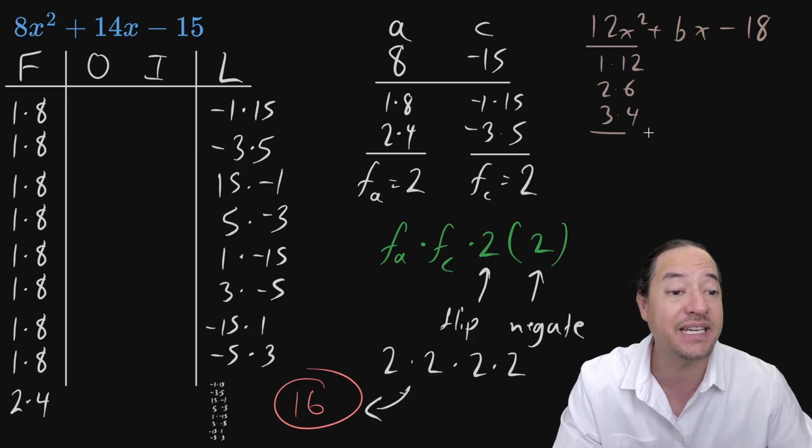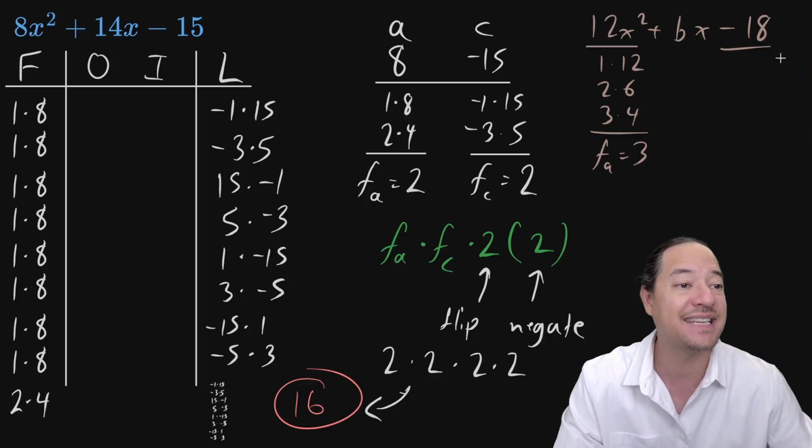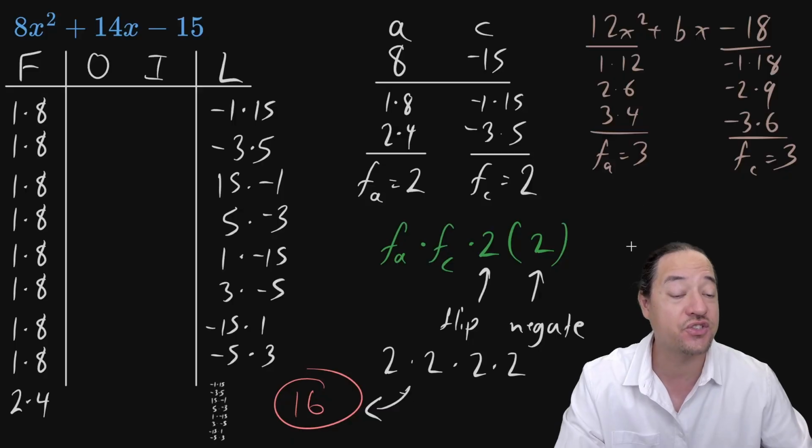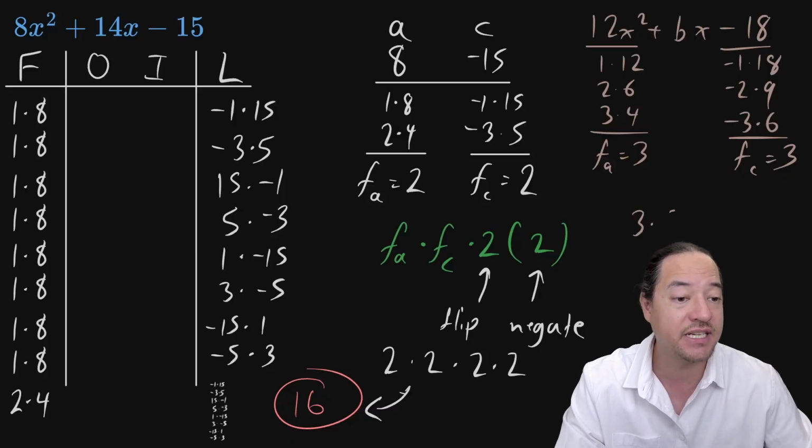You got 3 different factorizations here. And for this negative 18, you could have a negative 1 times 18, a negative 2 times a 9, or a negative 3 times a 6. So that's another 3 potential factorizations.